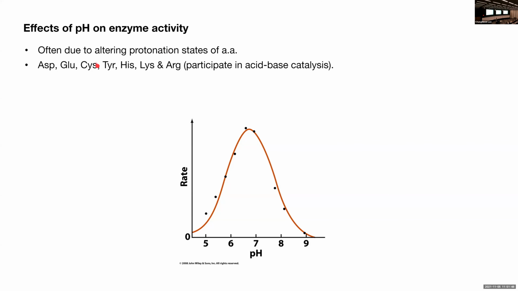That means proteins will also be affected a lot by pH, and that includes enzymatic reactions. Especially aspartic acid, glutamic acid, cysteine, tyrosine, histidine, lysine, arginine, and so on. All of these amino acids can be easily affected by the pH of the environment, right? Because they are acidic or basic, right?